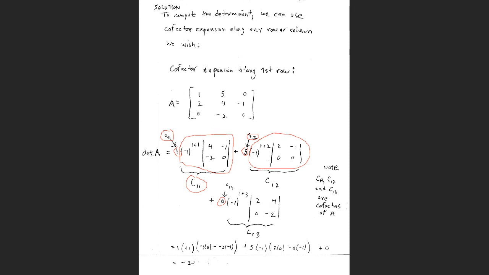That's the element in the first row, third column. You multiply that by the cofactor C sub 1, 3. Okay, C sub 1, 3. And when you expand all this out, you'll get a negative 2.